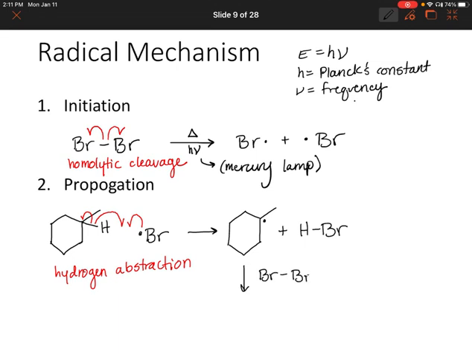So we can add more bromine, Br2, and the radical on our tertiary carbon is going to come down, form a new bond with bromine, and then the other electron in the covalent bond is going to the other bromine.